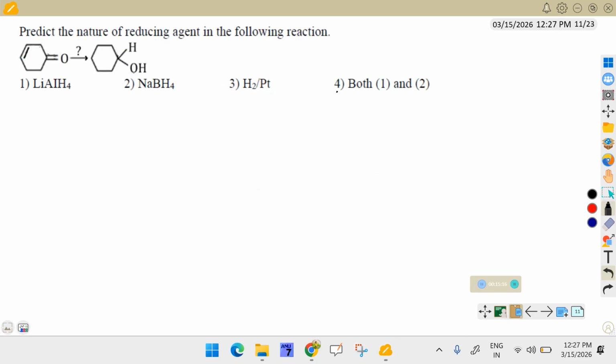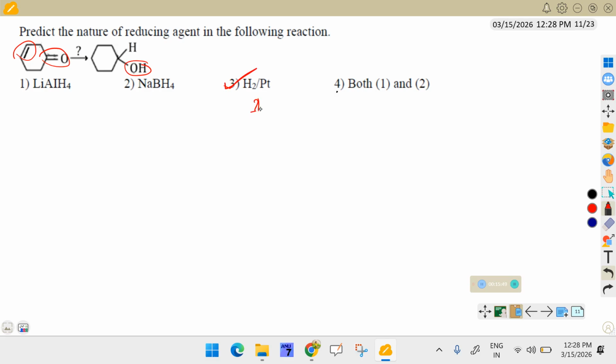See the next question. Predict the nature of the reducing agent in the following reaction. In this reaction, the ketone group is converted to an alcohol group, as well as the alkene group is converted to alkane. So a strong reducing agent is required. The strong reducing agent is H2 with Pt.